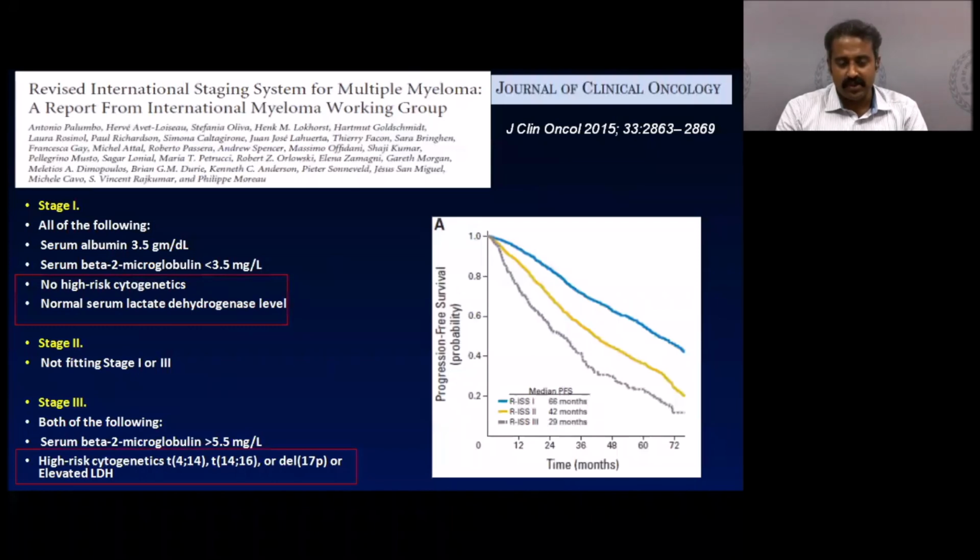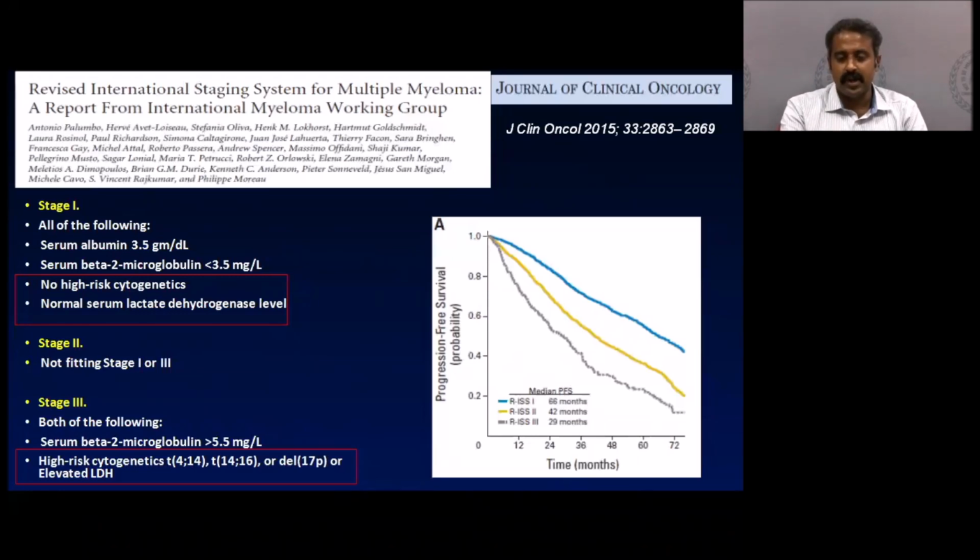If you have features of ISS3 and you have high-risk cytogenetics, which is classically a translocation between chromosomes 4 and 14, translocation between 14 and 16, or a deletion in 17p, or an elevated LDH, you call it RISS3. And again, what is not RISS1 and RISS3 is called RISS2.